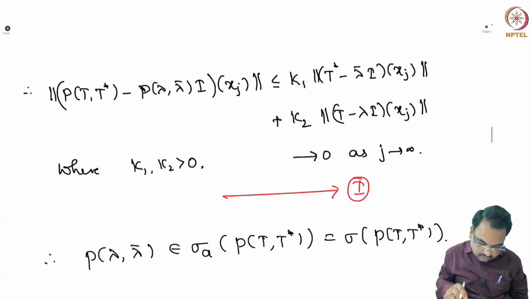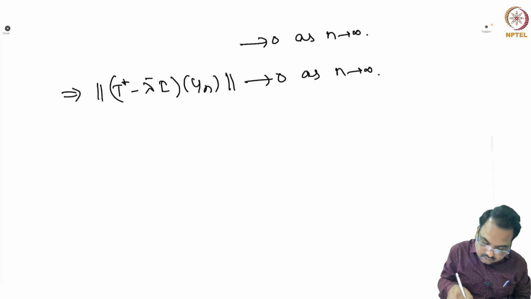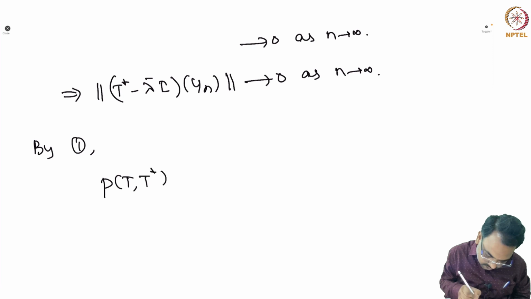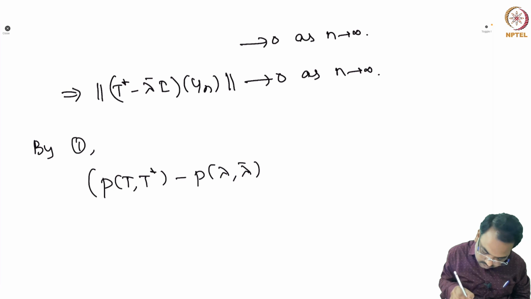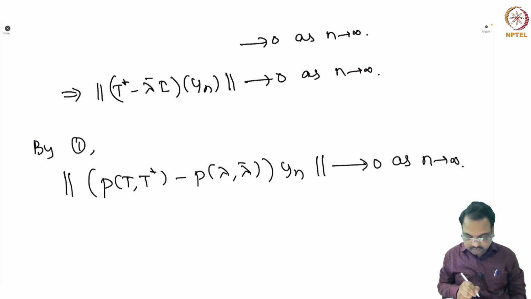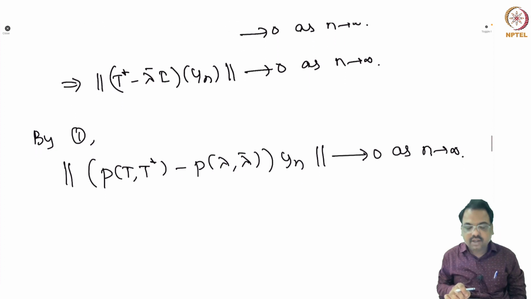So by 1 we can say that (p(T star) minus p(lambda bar)) acting on y_n converges to 0 as n tends to infinity. Okay. Now what exactly we want to show is that p(lambda bar) is exactly mu.